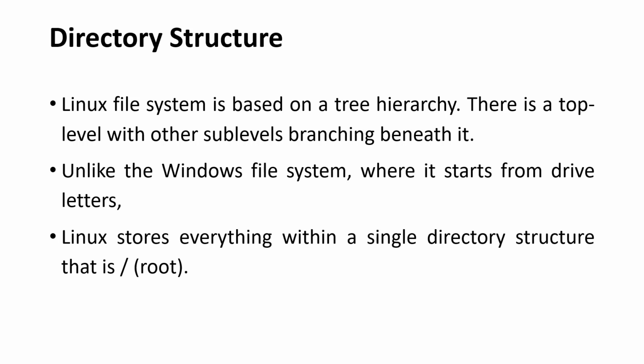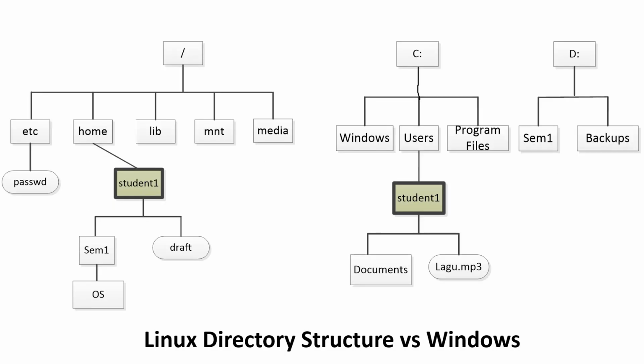But in Linux, everything starts with a single directory that is known as /, which is also called root, R-O-O-T. The figure shows the Linux and Windows directory structures. On the left hand side, it shows Linux, where we have only one top directory, and every single subdirectory is located beneath it.